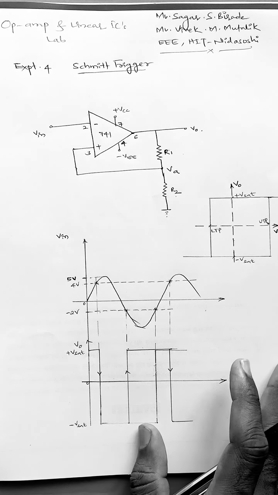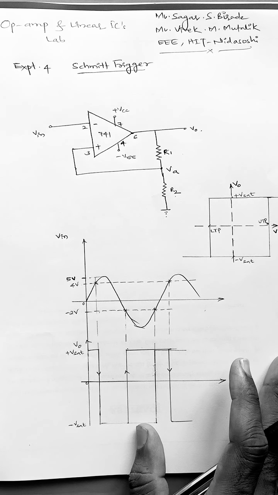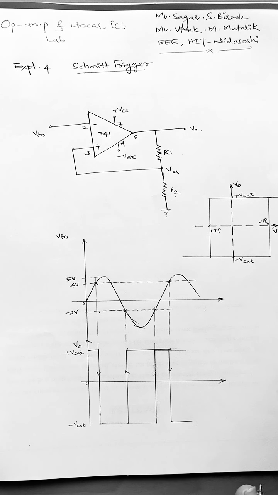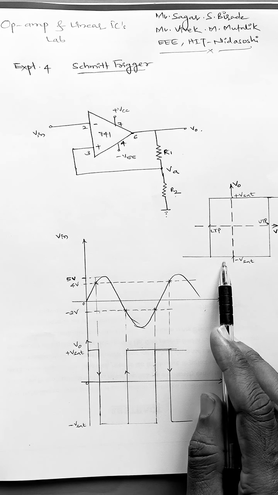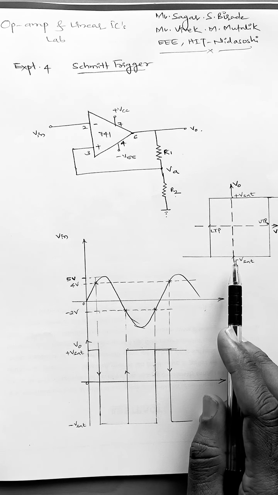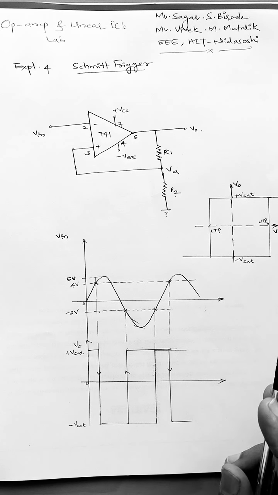Now, the Schmitt trigger operation can be viewed with the output versus input plane. We call it the hysteresis loop. It looks like this figure.